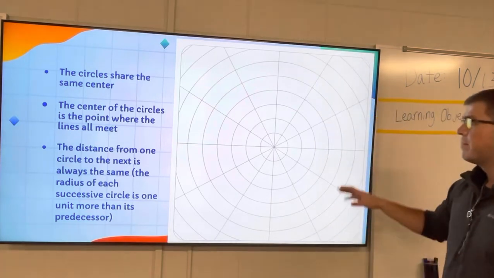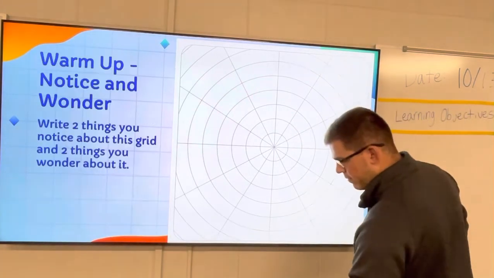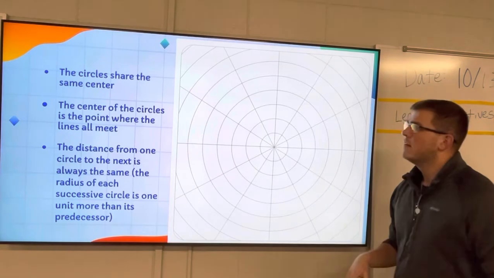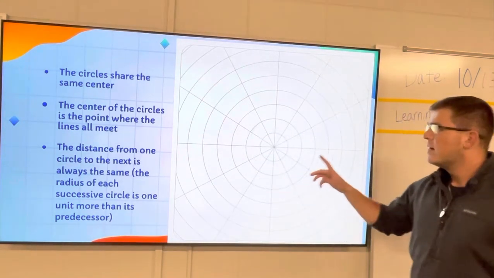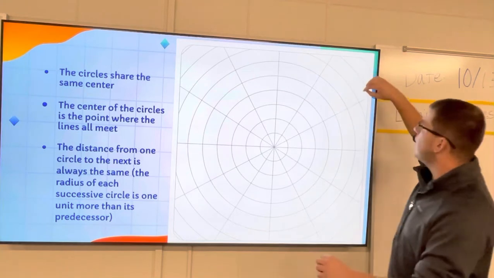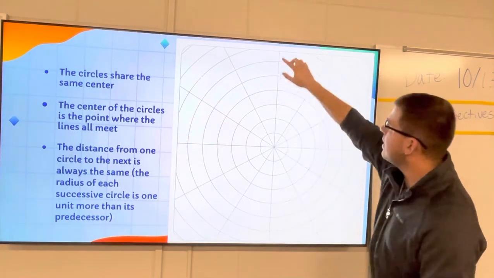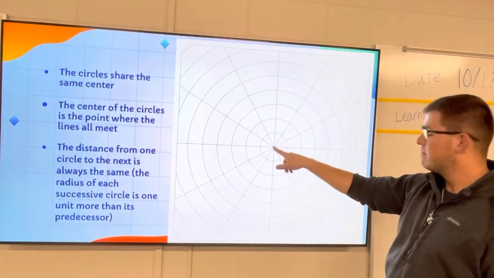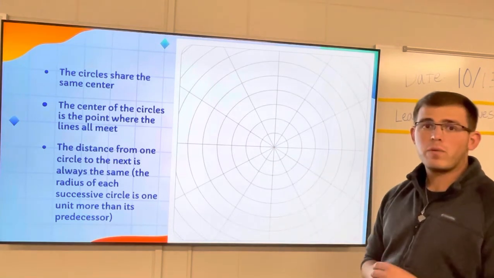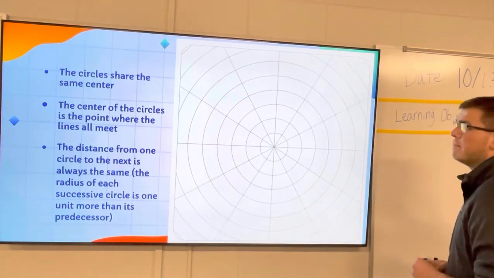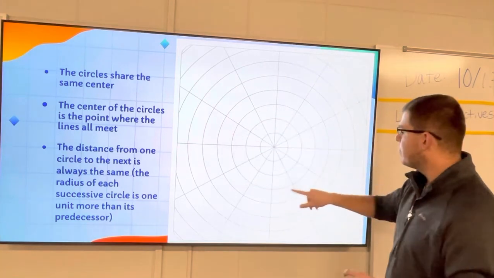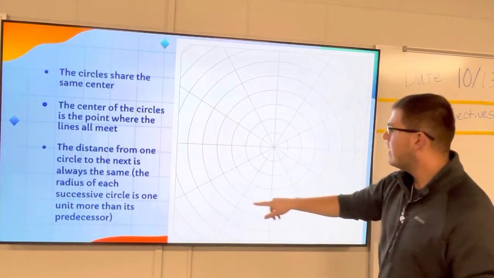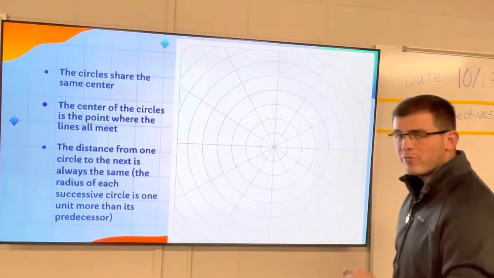Okay, so this graph is pretty interesting, I think. See all these circles, it kind of looks like a spider web, right? All of these straight lines all meet in the center. That's going to be really crucial for what we're talking about later. And look at all of these circles here. Some are bigger, some are smaller. They keep going bigger the further you get away from the center.